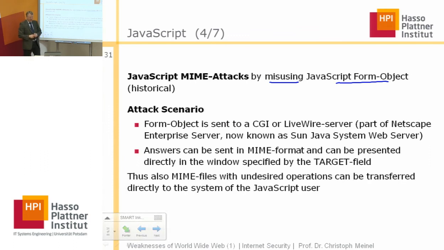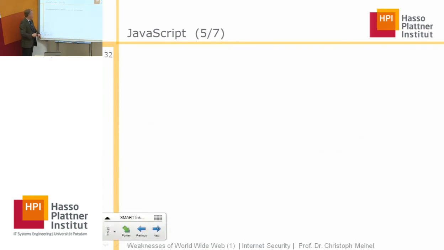Thus, in this way, MIME files with undesired operations can be transferred directly to the system of the user. If there is any kind of manipulation, it is directly sent and executed, interpreted on the user side.